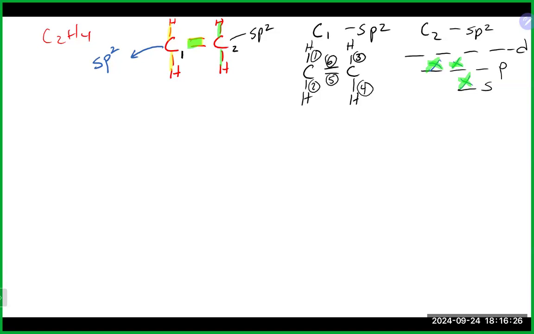So if we take carbon, its electron configuration, as we saw before, is 1s2, 2s2, and 2p2. That again is the 4 basic valence electrons, and each of these carbons is the same, so they both have 4 valence electrons, carbon 1 and carbon 2.